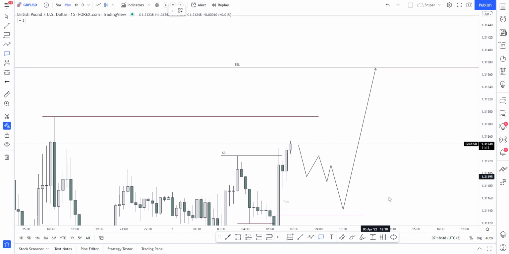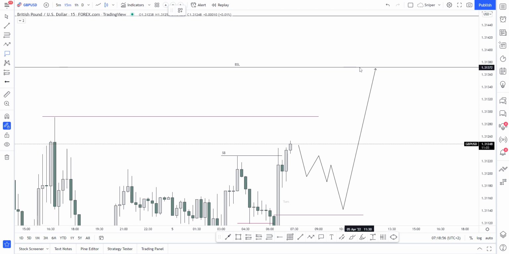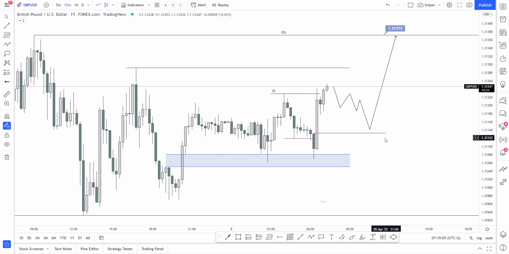Hopefully today, if we could see price trade back up to this price level, more or less the 137 area around there.